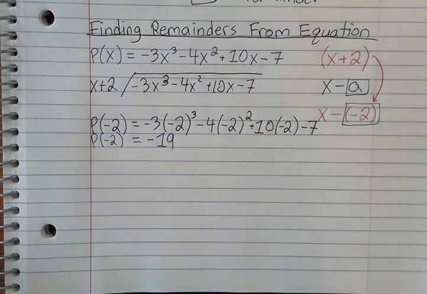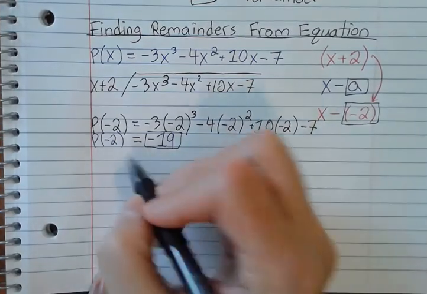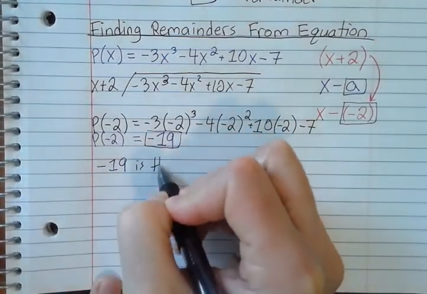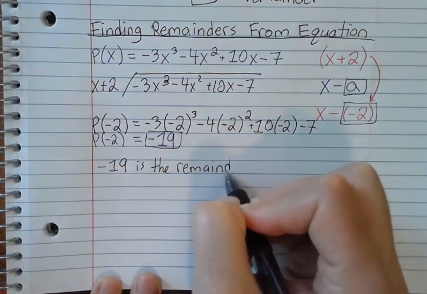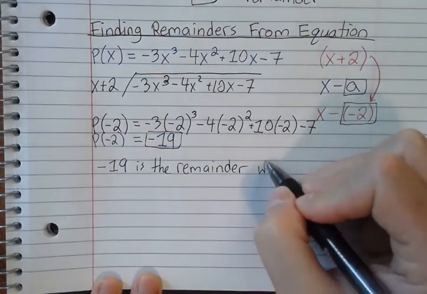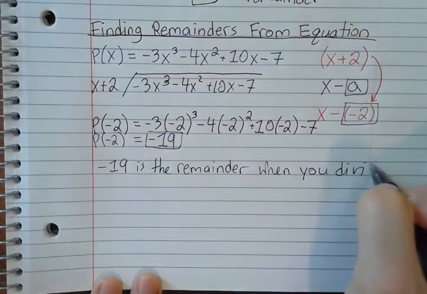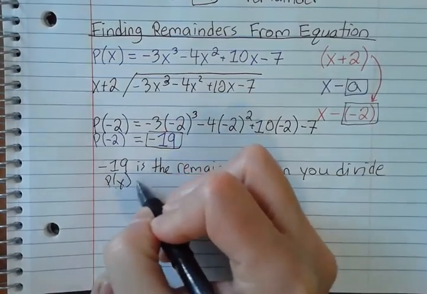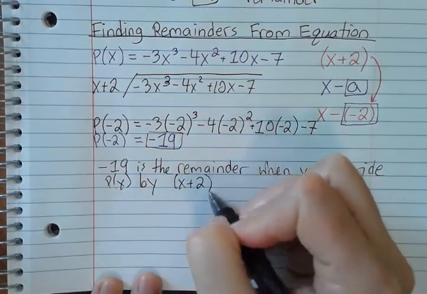And if I wanted to summarize my findings here, I would know that negative 19, this right here, is the remainder when you divide p of x by x plus 2.